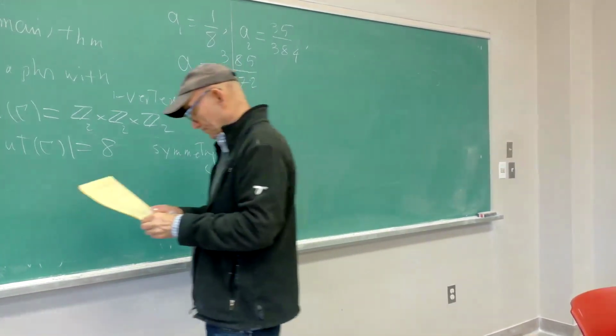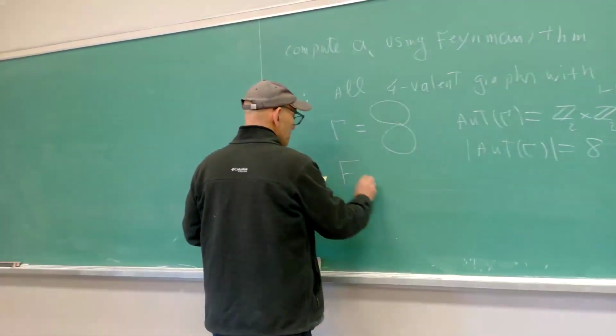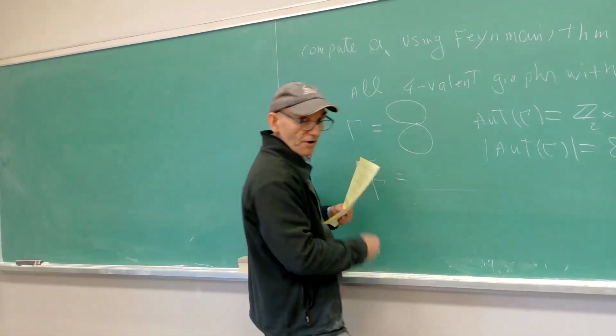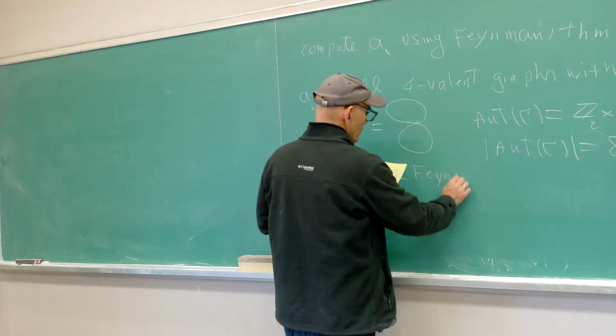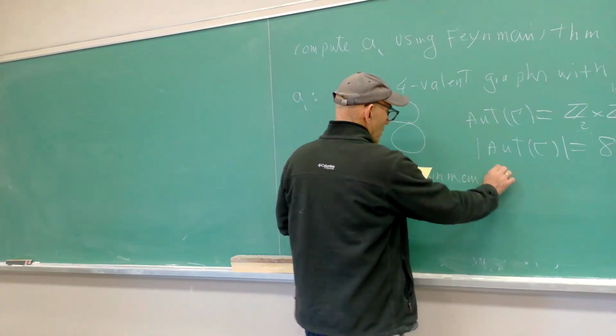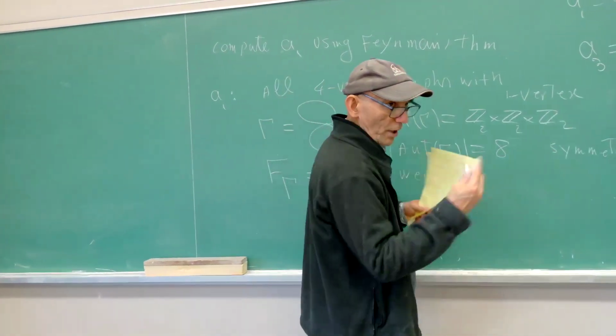Okay, so F gamma, which is the Feynman weight of this graph, or Feynman amplitude, is just equal to 1.